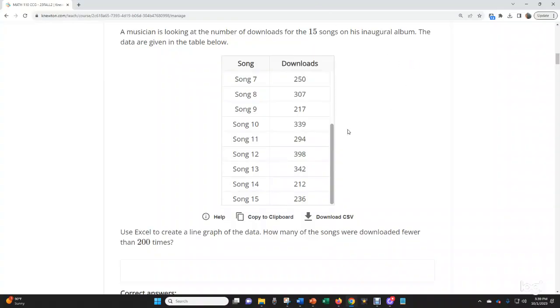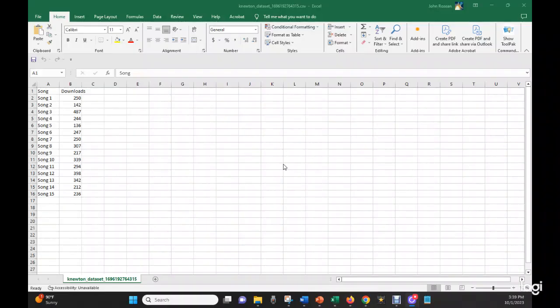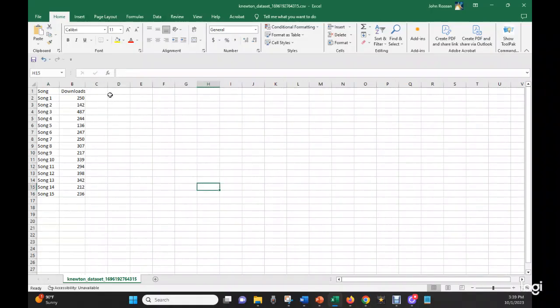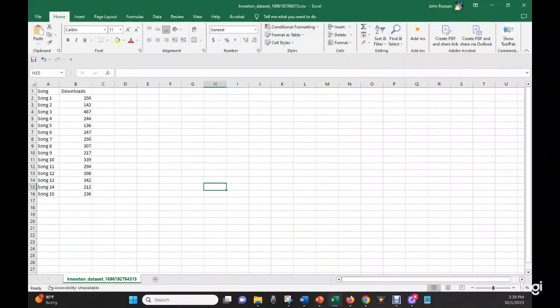So let's go ahead and download our data. Okay, so we have our data here. The question said which ones were downloaded fewer than 200 times. So our target here would be 200.